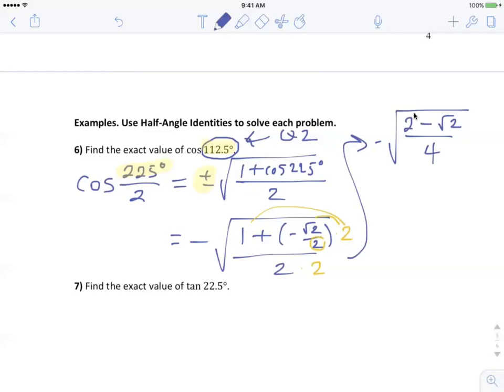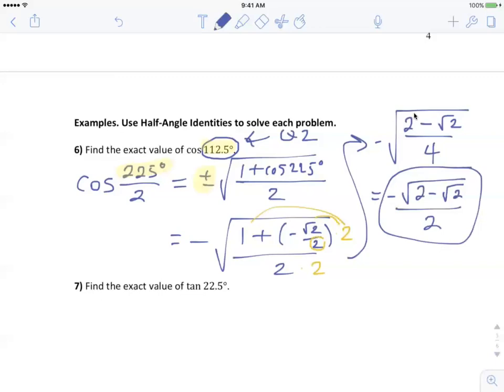And then the only other thing I can do is take the square root of 4, which is equal to 2. So this is equal to negative square root of 2 minus square root 2 all over 2. Lots of 2's. So you end up with a square root inside a square root, but there's really nothing you can do to simplify that. So just leave it and call it good.